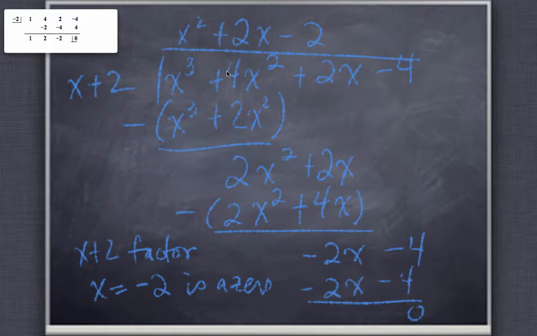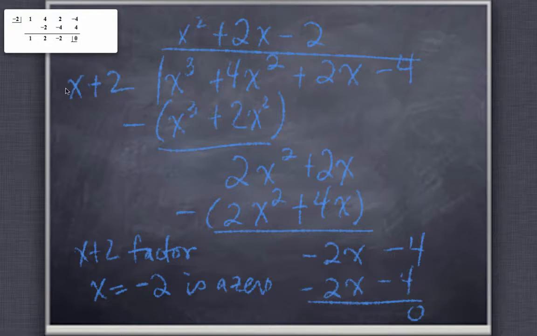Then we get this negative 2 times that one, times the 1 right there, and it gets added. So we had a plus 2, and then we subtracted it. So we do 4 minus 2, because that plus 2 gets subtracted, and we get 2.